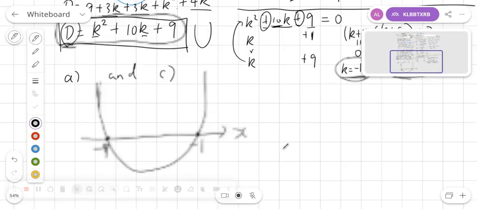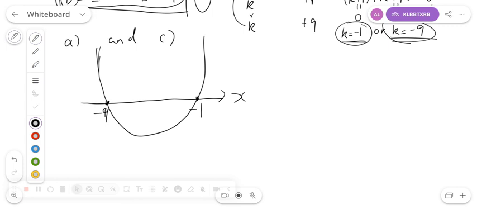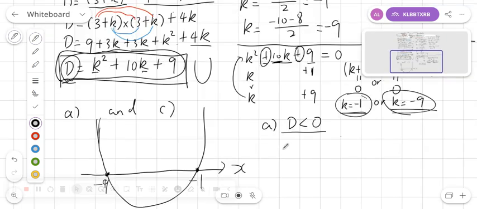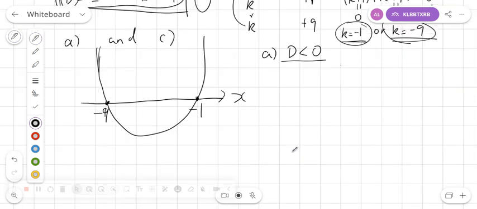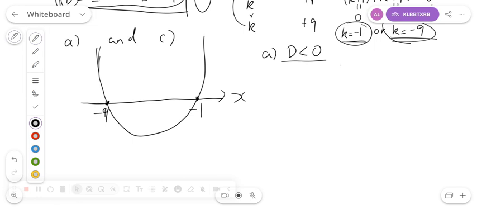Okay. Then the second one we're looking for is, for part A, because we have no intersections, D is smaller than 0. Not k, D, the capital letter D, the discriminant, is smaller than 0. How can I determine which part is smaller than 0?